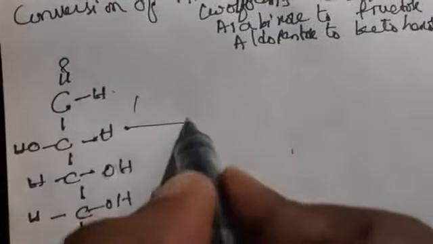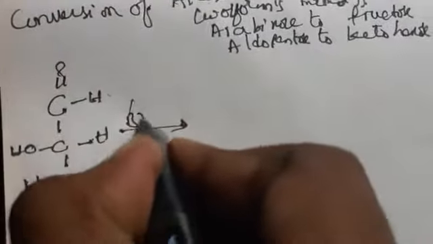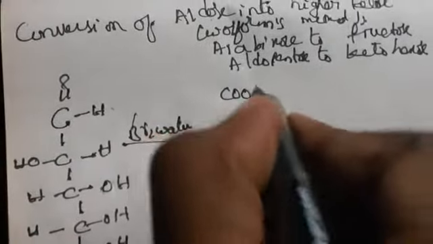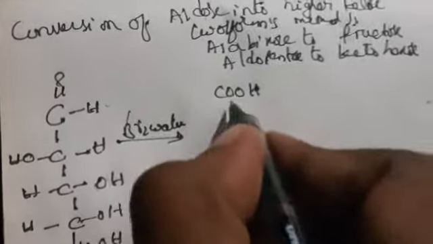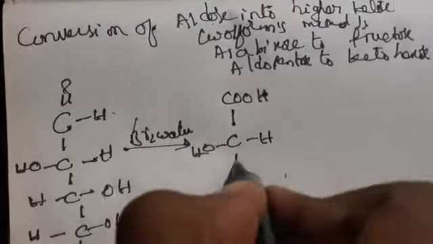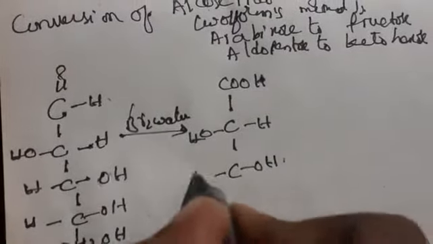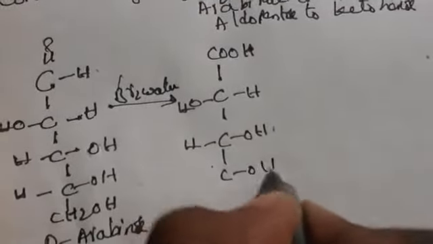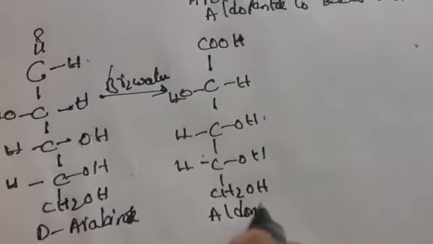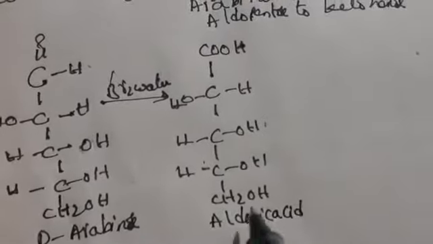Okay. So now what we have to do? Br2 water. When we are adding Br2 water, automatically what happens? It is turning into COOH. Means it is forming acids. Aldonic acid it is forming. This is aldonic acid.